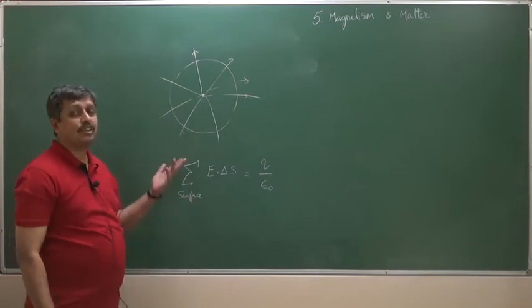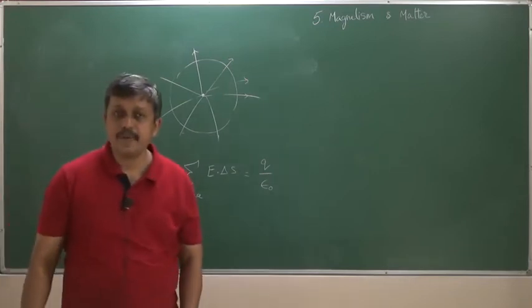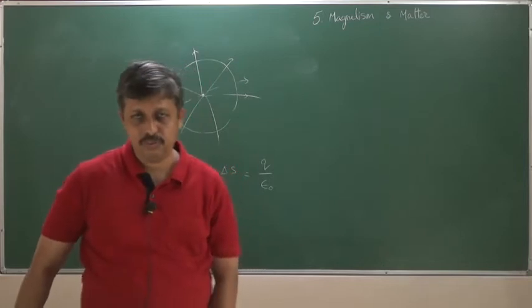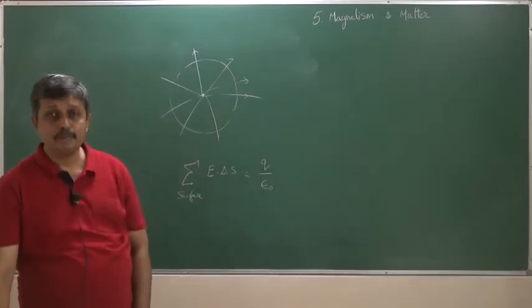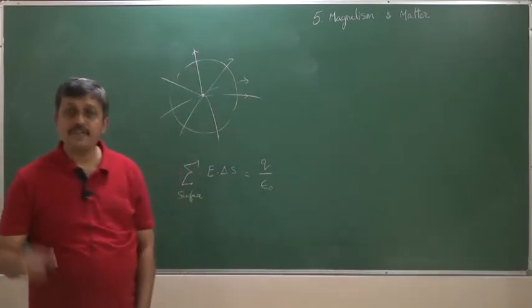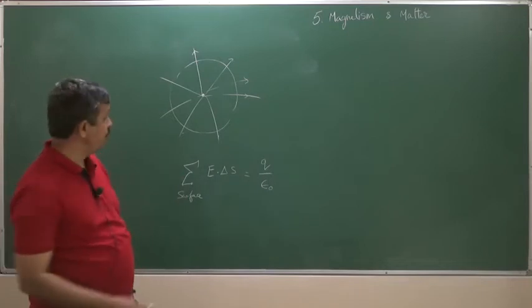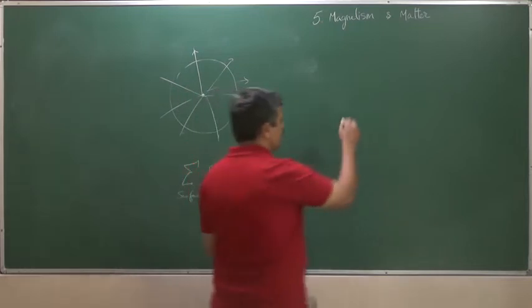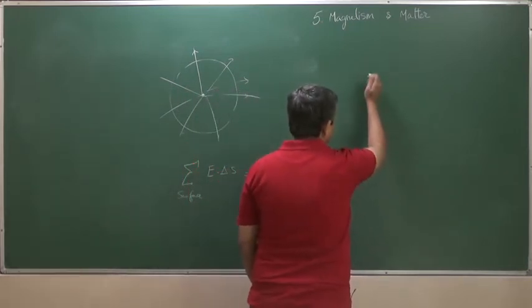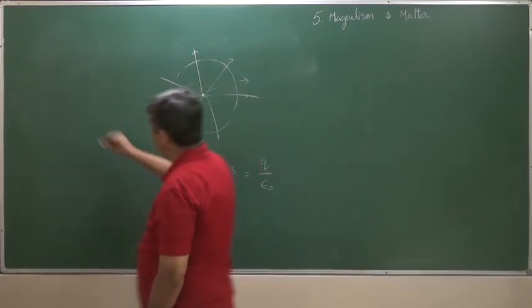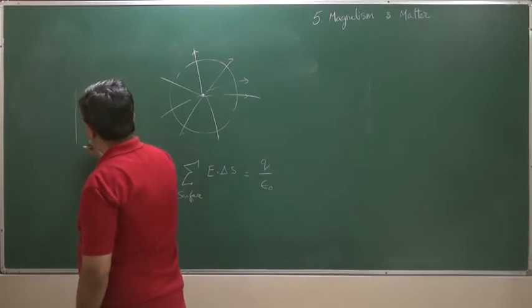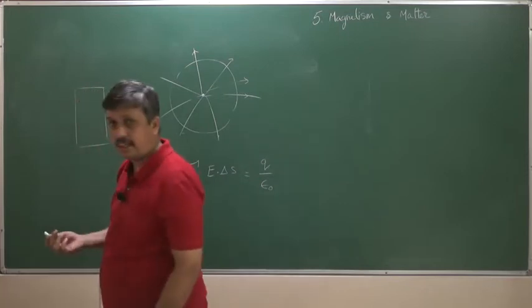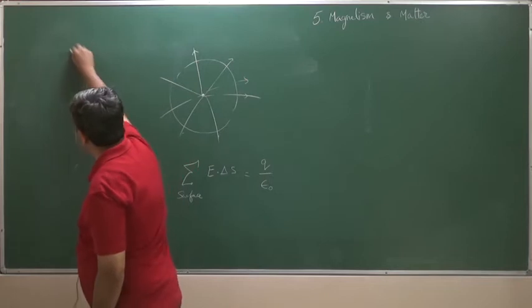So you would think that in the case of magnetism also the same thing is true, but in magnetism the problem is this. Wherever you go, there is no end to these lines. If you take either a solenoid or a magnet, the lines go like this.